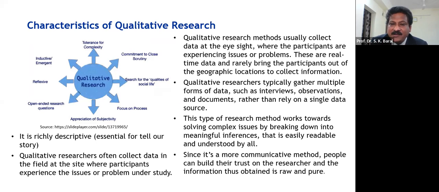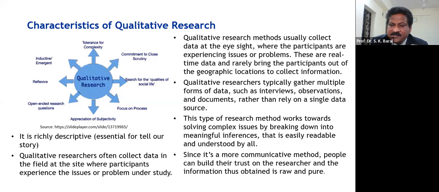So these are real-time data, and researchers rarely bring the participants out of their geographic location to collect information. Qualitative researchers usually gather multiple forms of data such as interviews, observation, documents, photography, and there are so many sources we'll be discussing.